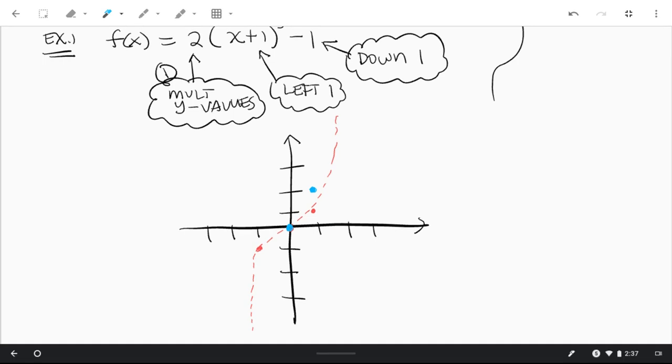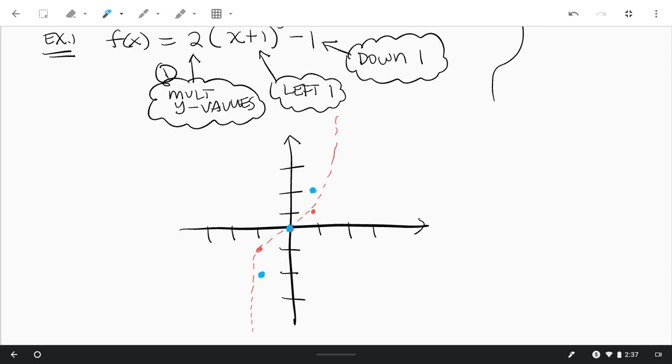Negative 1, 1 will become negative 1, negative 2. Okay. So this is what you have. These 3 blue points are your new points.